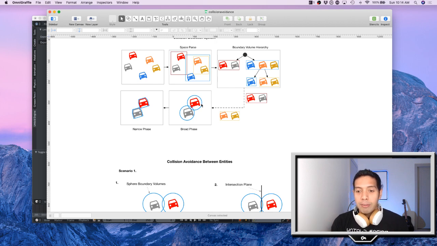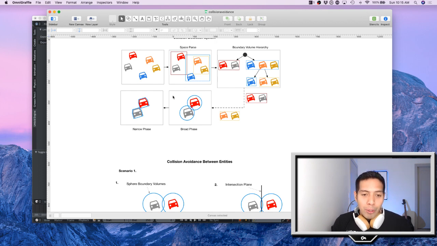If the test is true, then those entities are sent to the narrow phase, and in the narrow phase, instead of using a spherical bounding volume, I use a convex hull, and that is where I do the GJK algorithm, which takes a lot of processing power, so you want to use that as little as possible. So that's how I do it.